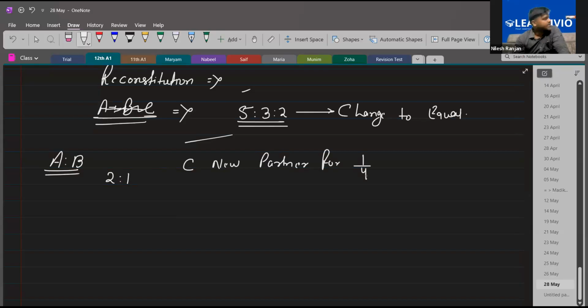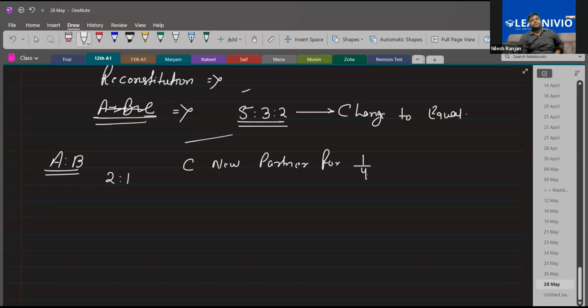Now, can you tell me that if C is a new partner who is getting a 1/4 share of the profit of the firm, the ratio between A and B will change or not?